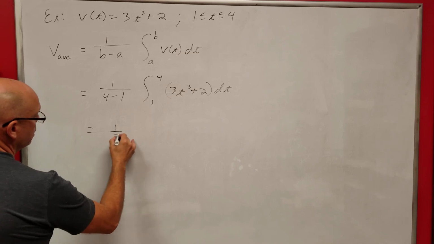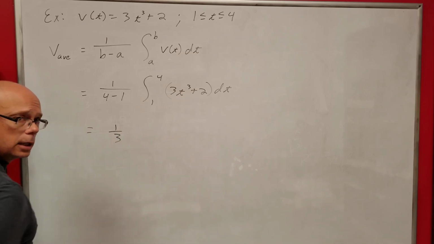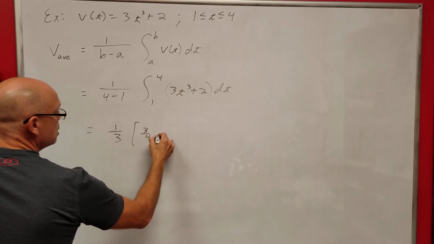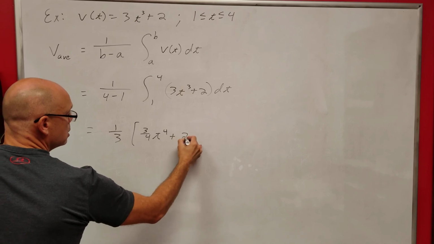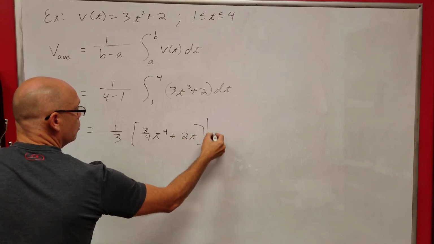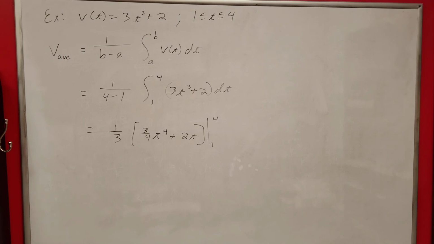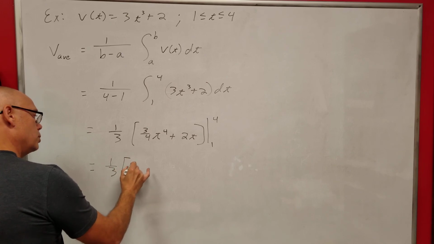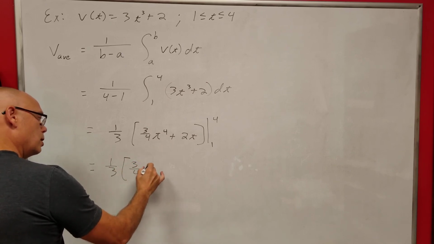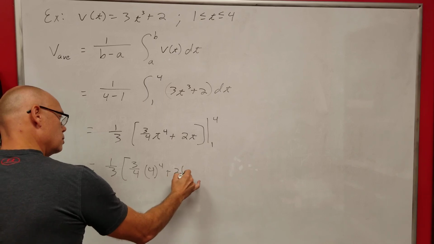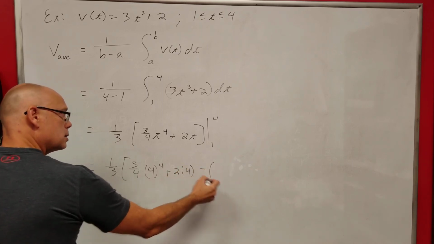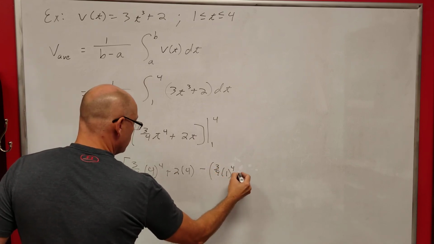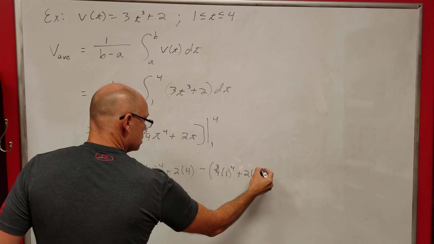All right, so that's 1 over 3. Let's take an antiderivative here. What do we get? 3/4 t to the 4th plus 2t, and what do I need to run it from? 1 to 4. So we have 1/3 times 3/4 times 4 to the 4th plus 2 times 4, minus 3/4 times 1 to the 4th plus 2 times 1.